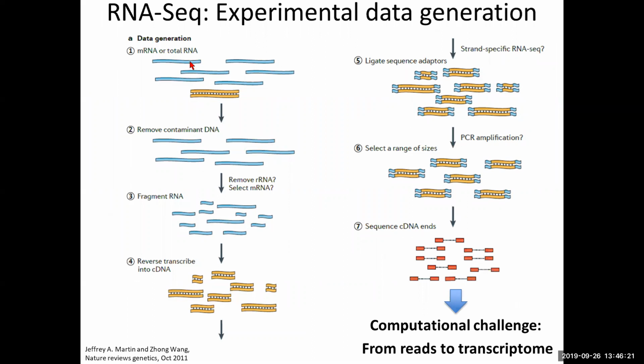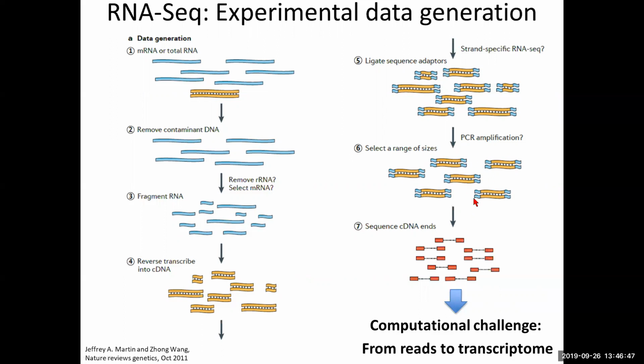So you basically start with some mRNA or some total RNA, and then you remove contaminant DNA, you remove these double-stranded molecules, and then you fragment it, you reverse transcribe it into cDNA, that's complementary DNA, and then you basically ligate specific adapters, and you carry out PCR amplification by starting from these adapters.